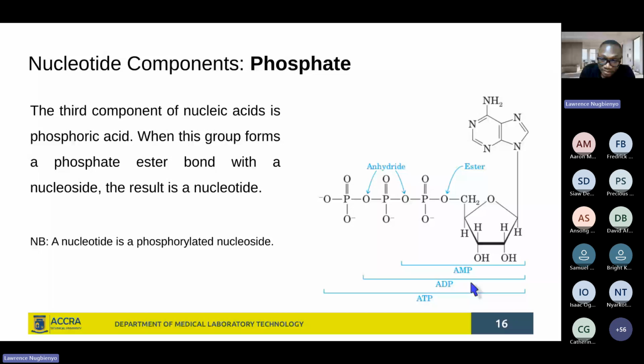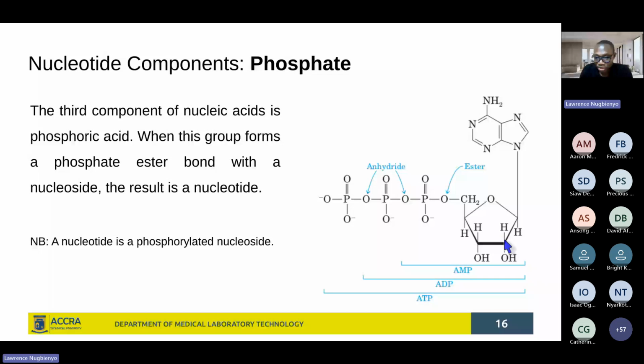So, for instance, if we're looking at a nucleic acid, DNA, and this is adenosine monophosphate, which ends here, just one of the phosphate groups attached, that is without the last 2 phosphate groups. That is the nucleotide, the adenosine monophosphate that you find in DNA.